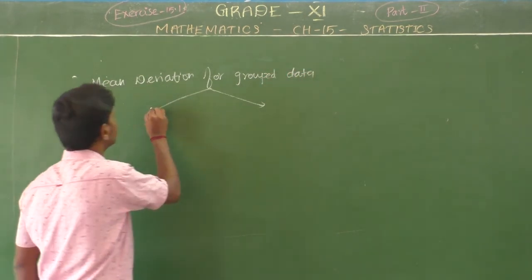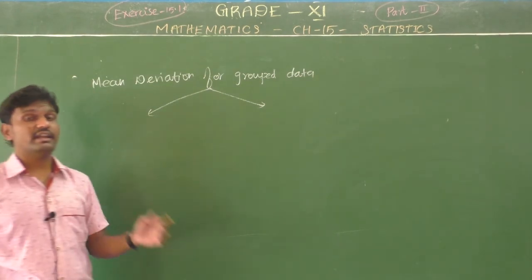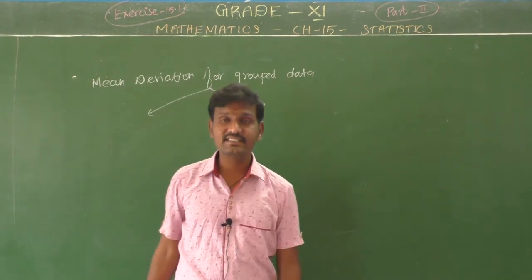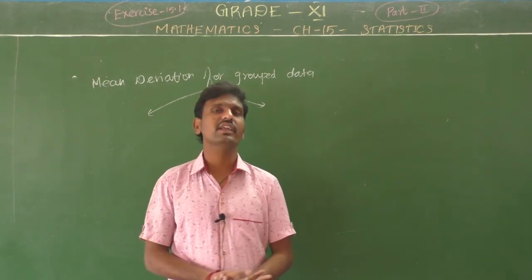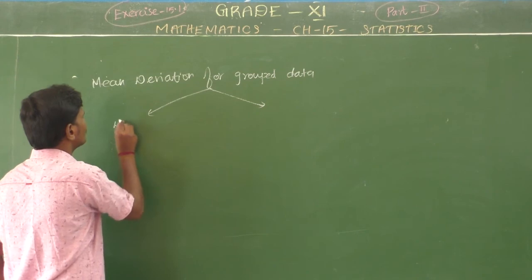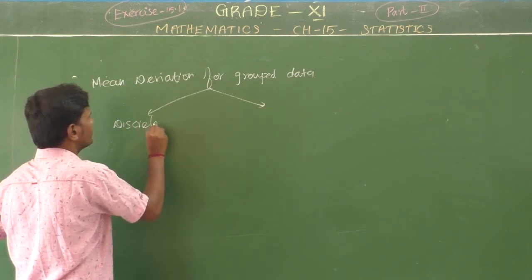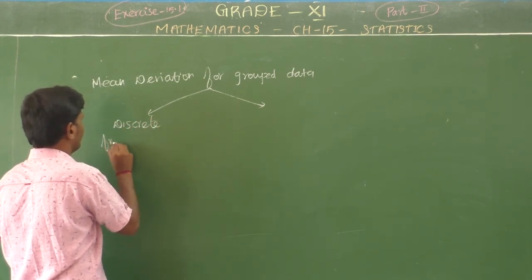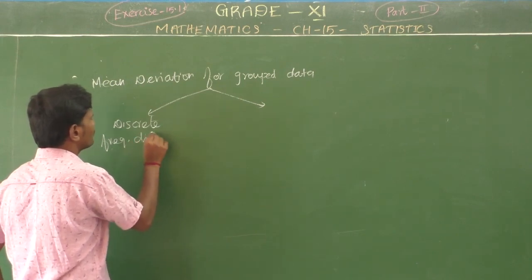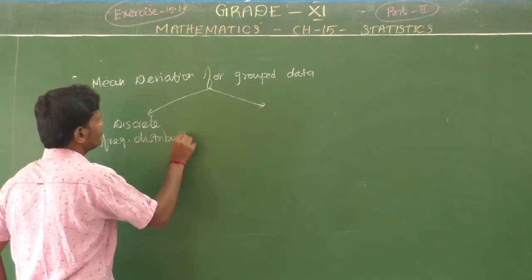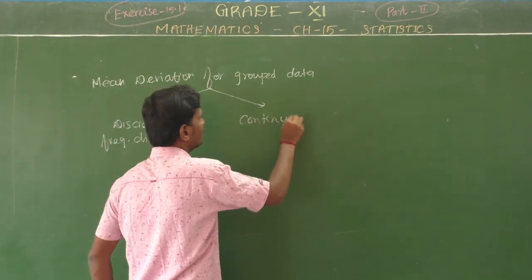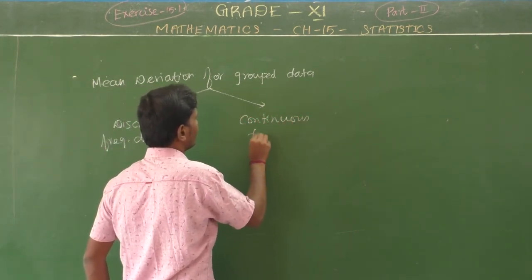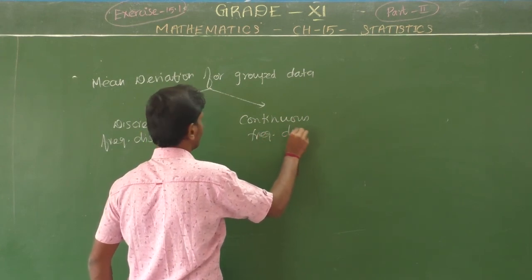The first one is the discrete frequency distribution, the discrete data, and the second one is the continuous frequency distribution.